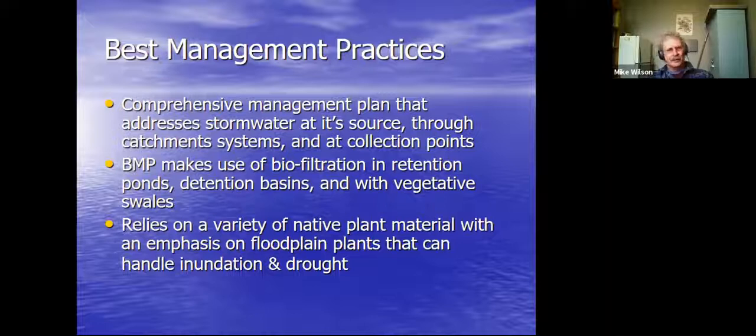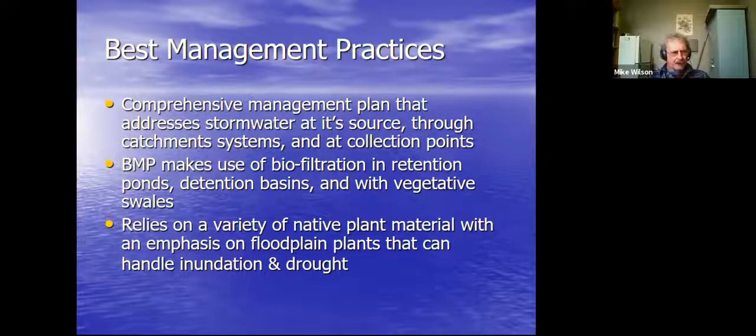Best management practices also make use of biofiltration in retention ponds, detention basins, and vegetative swales. Those retention ponds and detention basins are the collection points in the first point.